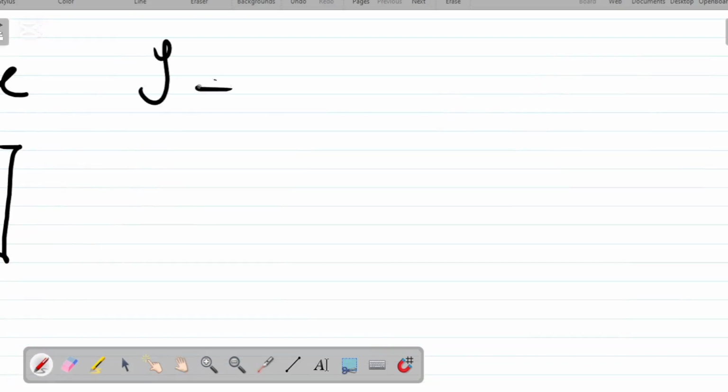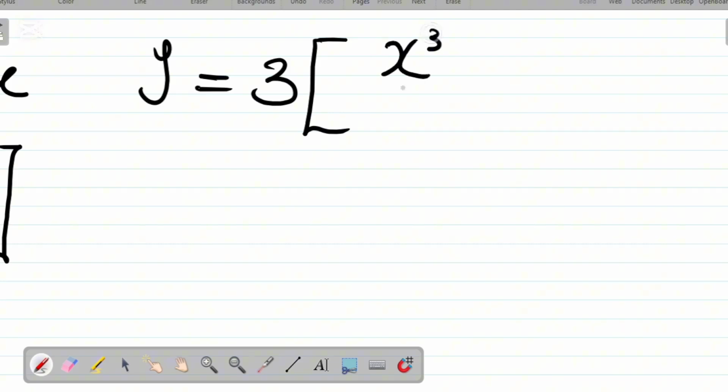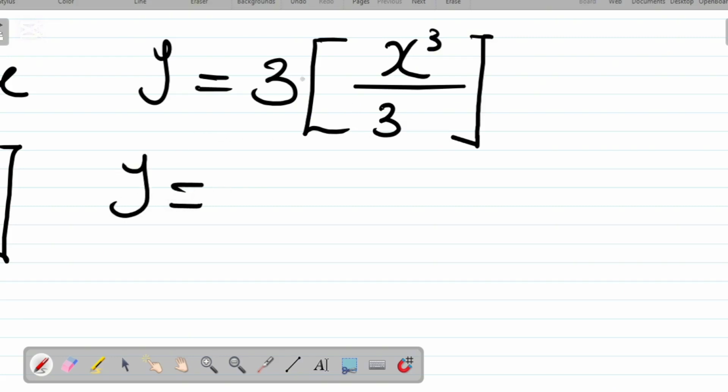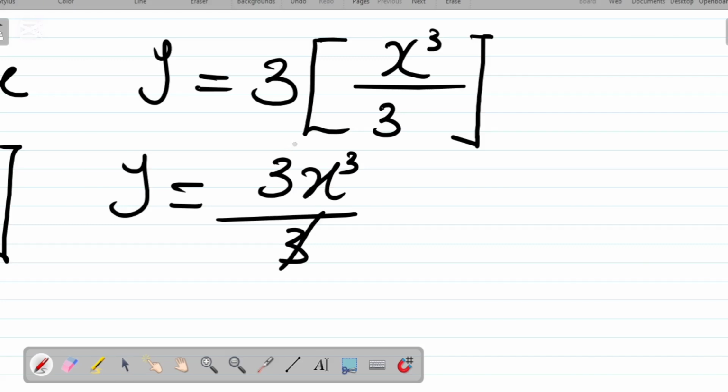So y equals 3 open bracket, x raised to power 2 plus 1 is x raised to power 3 all over 3 close bracket. So here y becomes 3x raised to power 3 all over 3. 3 cancels 3.